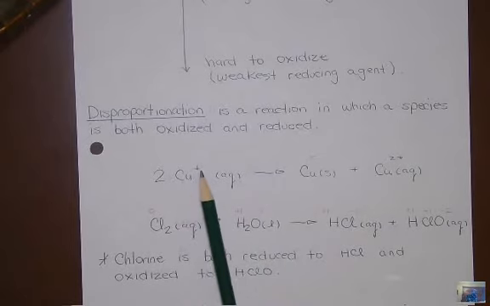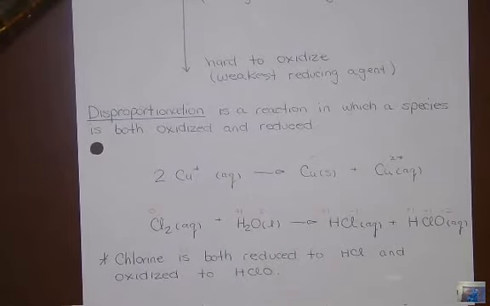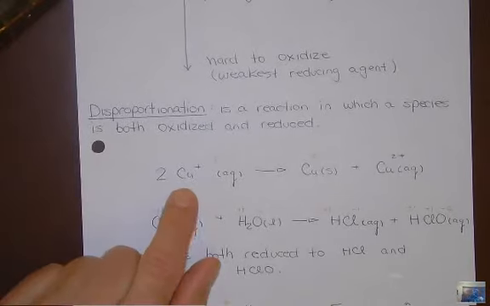So if I have two copper plus ones, now copper plus one is a kind of metastable state. Copper would rather be copper metal, right? That's pretty stable. You have pennies that last hundreds of years. Or what it really would like to be is copper plus 2. So if I have copper 1 around, it's not going to last very long. It's going to actually react with each other.